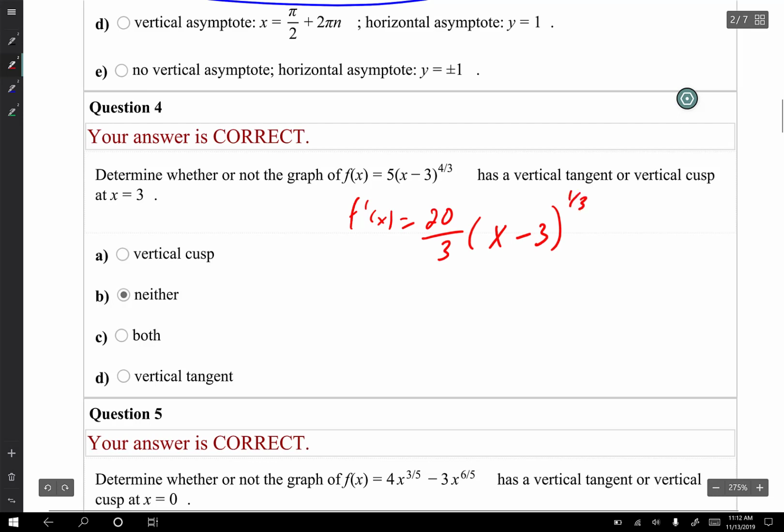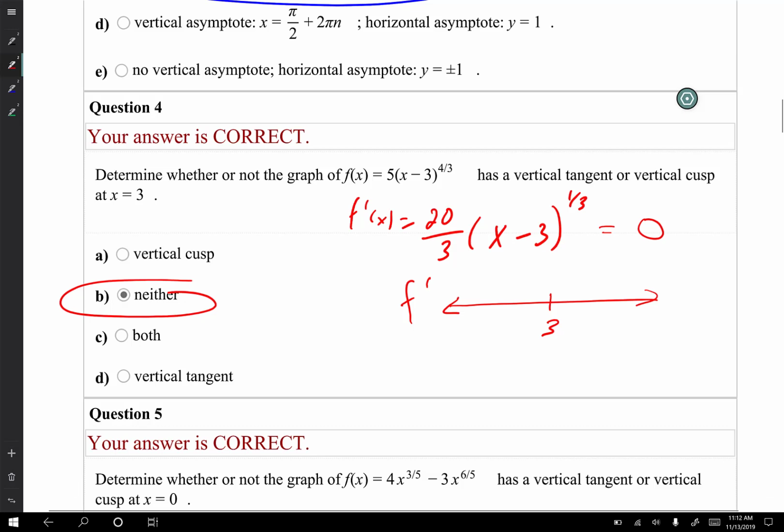Now I have one critical point at 3, and it's a smooth transition. This derivative is never undefined, it's always defined, so you have neither a vertical tangent nor a vertical cusp. All right, let's go to the next one.